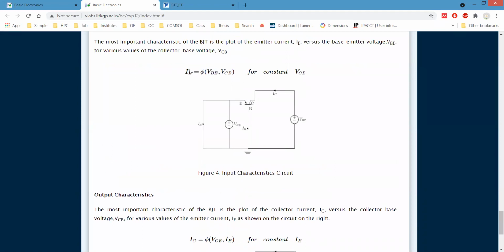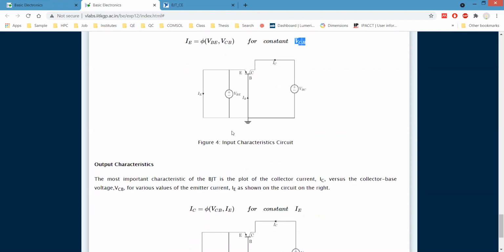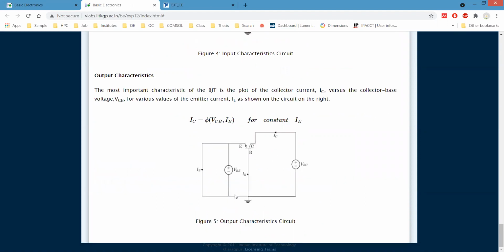In case of input characteristics, IE is a function of VBE and VCB, and we will keep the collector base junction potential constant, and see how the input characteristics curve varies as we vary VCB for different sets of VCB, while we vary the base emitter junction voltage VBE. Basically, the base emitter junction acts as the input terminal and the collector base junction acts as the output terminal. In both cases the base is common.